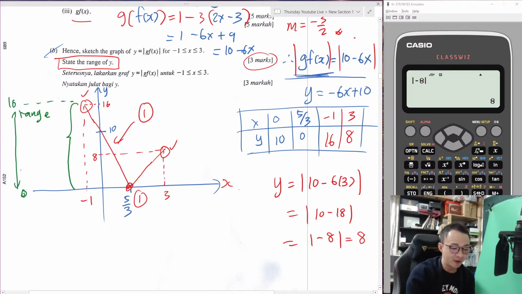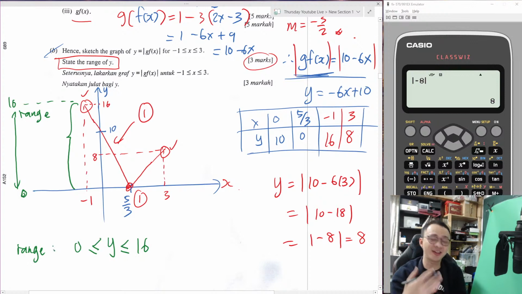So my range of Y, I will say Y is between 0 and 16. Okay, this is the range here, because my graph doesn't go below the x-axis, isn't it? This is the reason why my range is from 0 to 16. And I don't have any graph going beyond 16 either, right?